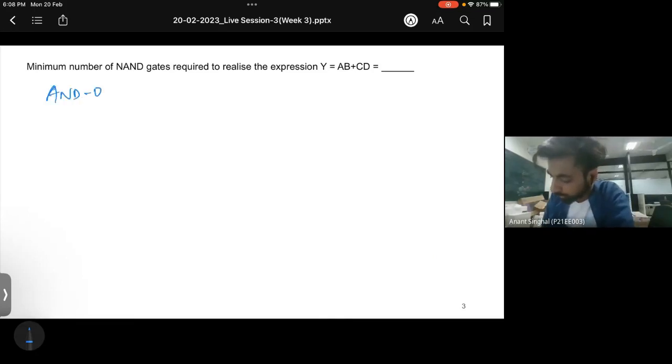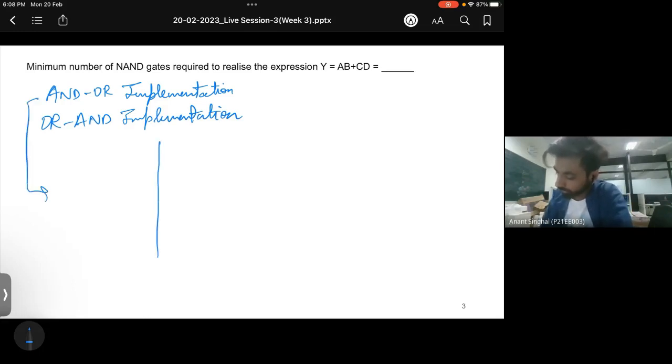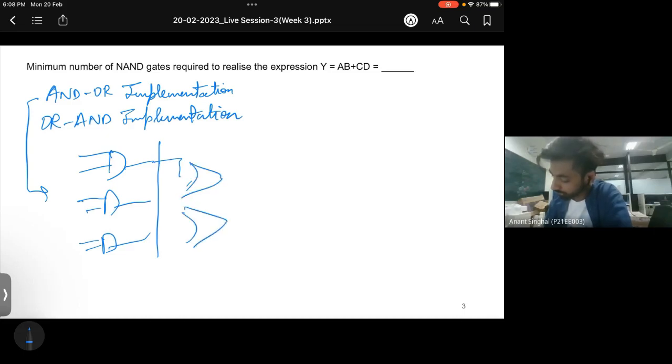One is AND-OR implementation, and one is OR-AND implementation. AND-OR implementation means that we have a set of AND gates giving some output for certain inputs, and it is getting into a stage of OR gates in the second stage.